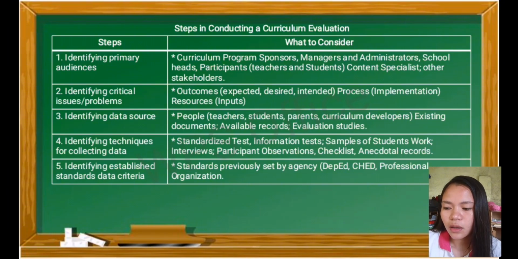The consideration is curriculum program sponsors, managers and administrators, school heads, participants, teachers and students, content specialists, other stakeholders. The second step is identifying critical issues or problems. What to consider: outcomes, expected, desired, intended; for process, implementation; for resources, inputs.